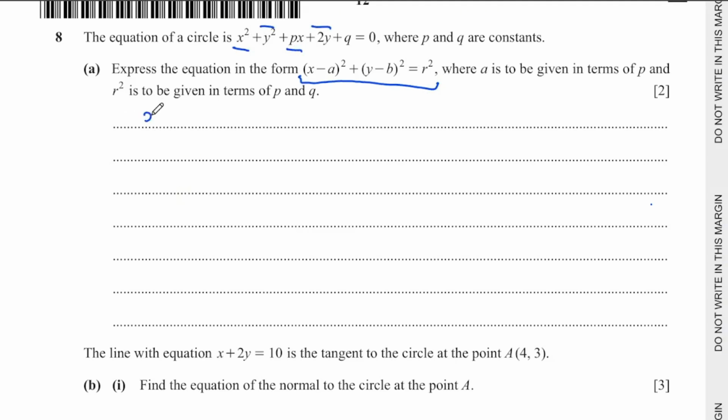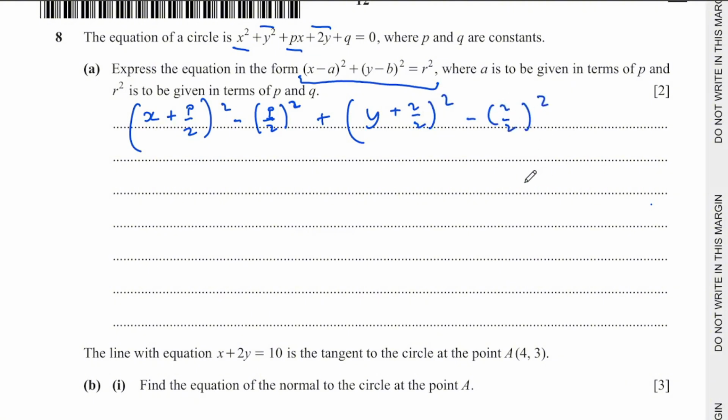And so x plus p over 2 squared minus p over 2 squared, right? And then we're going to do the same thing for y. So y plus 2 over 2 squared minus 2 over 2 squared.